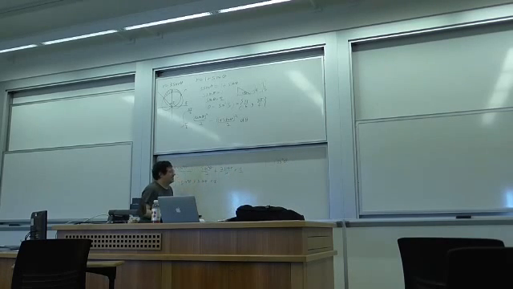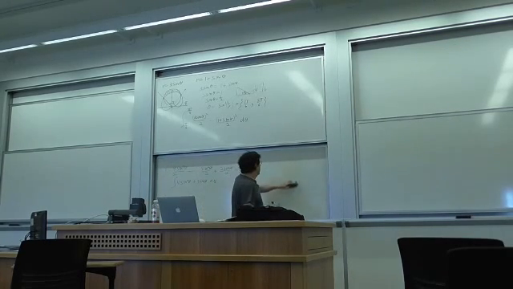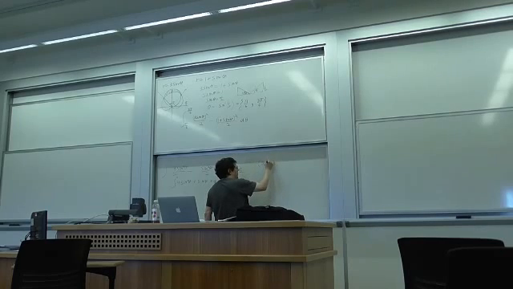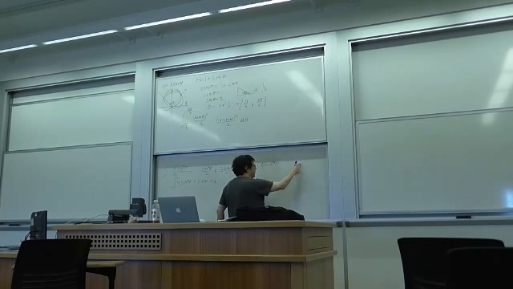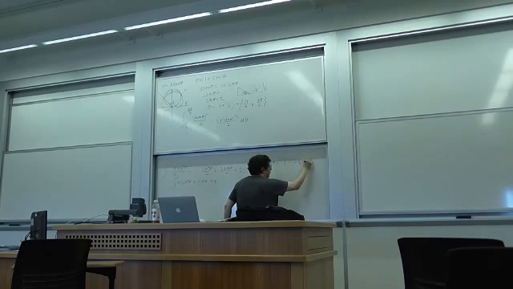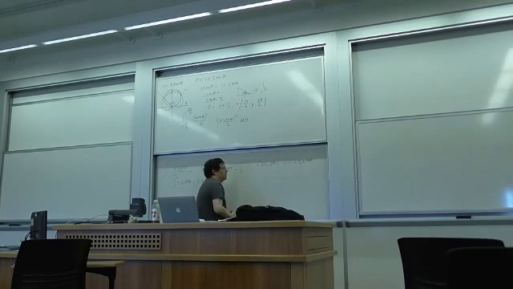Or you can use the double angle formula: cosine 2 theta equals cosine squared minus sine squared, or 2 cosine squared minus 1, or 1 minus 2 sine squared theta.